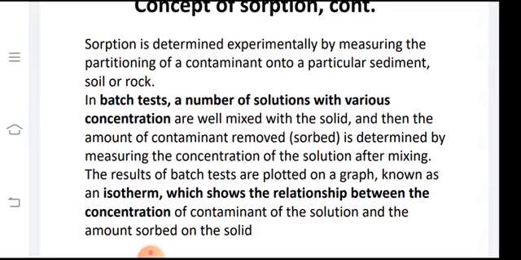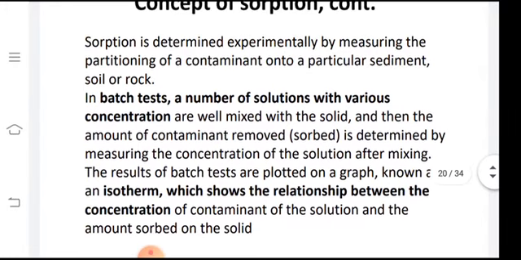So basically what we do, we normally prepare a solution, and we thoroughly mix it through centrifuge machines, and once it is thoroughly mixed, then we add another solution, another solvent, to it. Again we add a known concentration of a solute to it, and then again we measure.